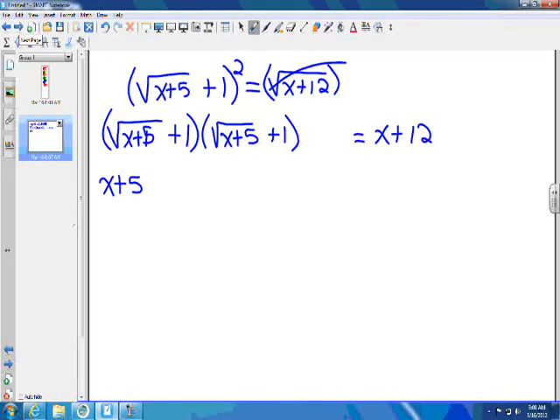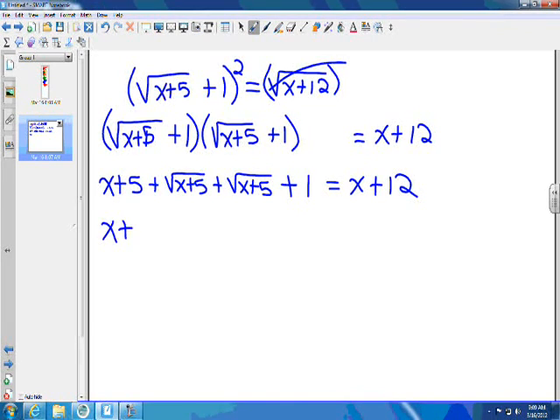So outside would be 1 squared x plus 5, inside's the same. And last would be what? 1. Combine your like terms. We have x plus what? 6.